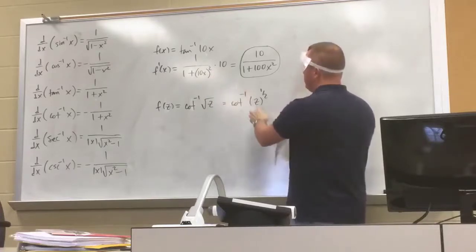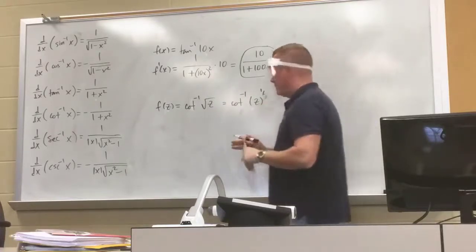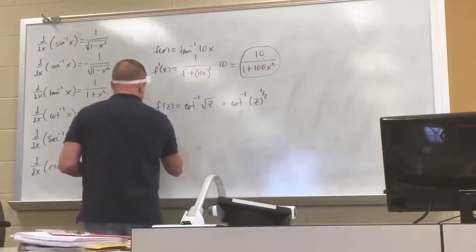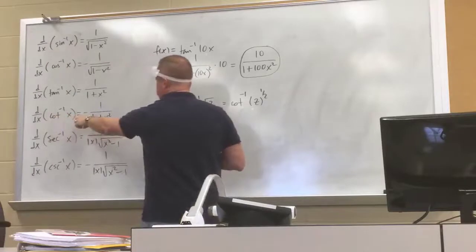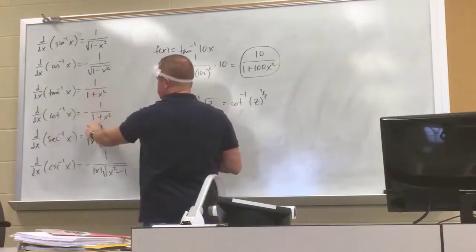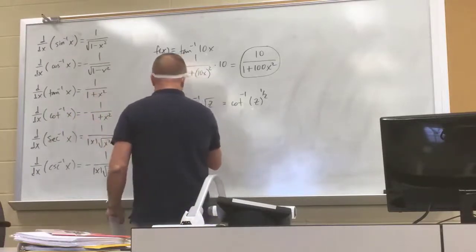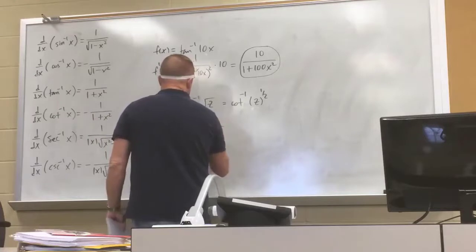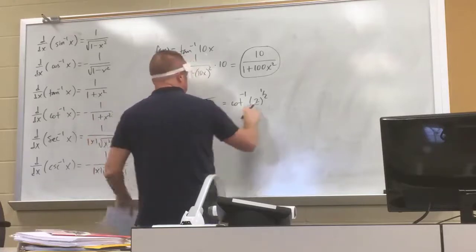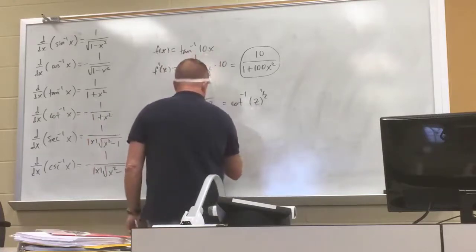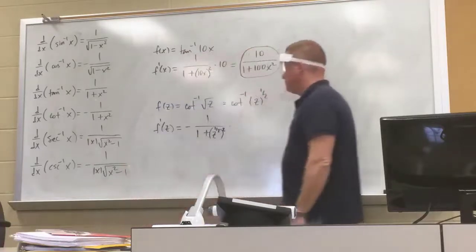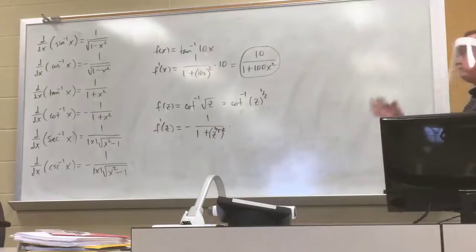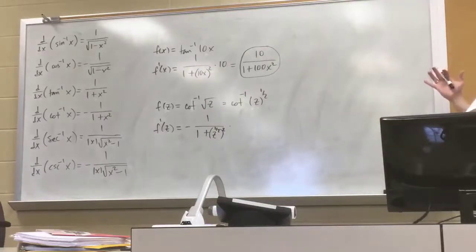The inside function is z to the 1/2 power. The derivative of inverse cotangent is just really the negative of what inverse tangent was, so it's negative 1 over 1 plus x squared. So I will take z to the 1/2 and square it. That's the derivative of the inverse cotangent part.